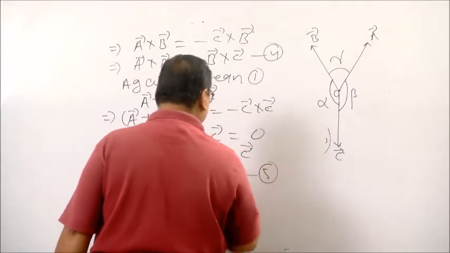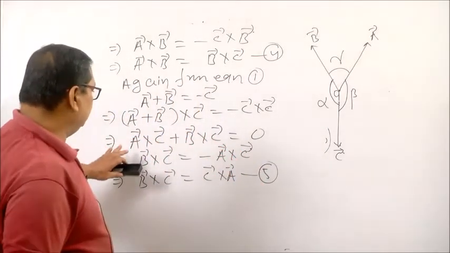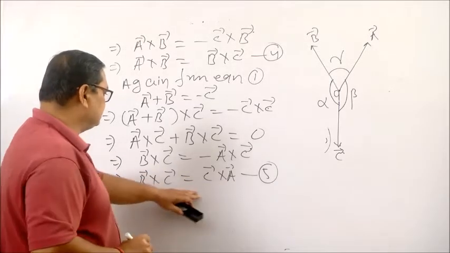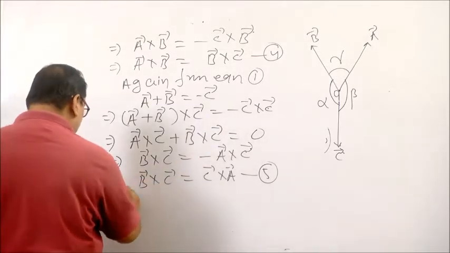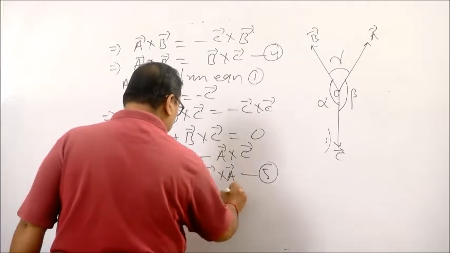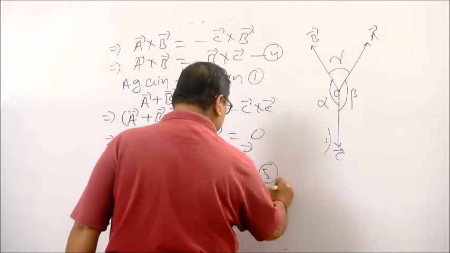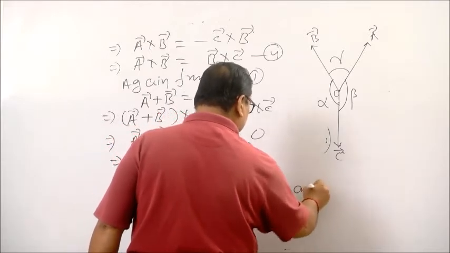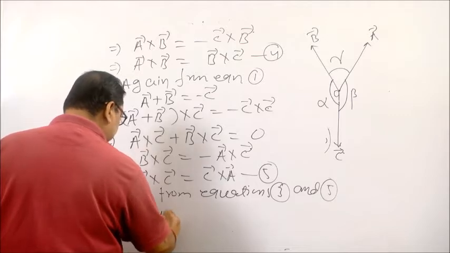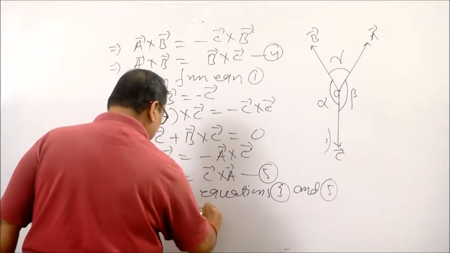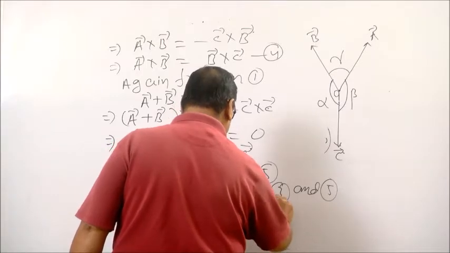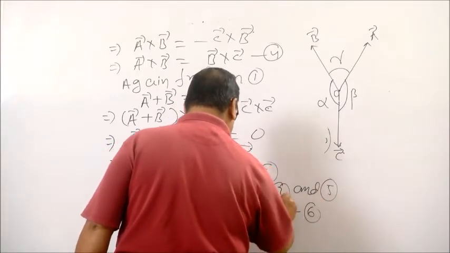This is equation 5. So, in equation 3, there was A cross B equals B cross C. In equation 5, B cross C equals C cross A. Now from equations 3 and 5, A cross B equals B cross C equals C cross A. This is equation 6.